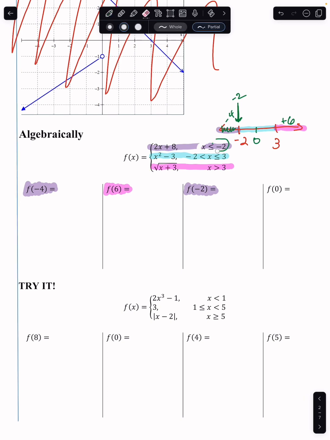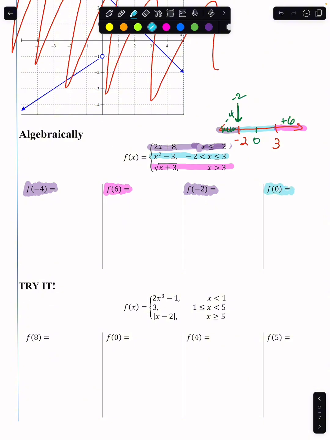And let me go ahead and do my purple back. Perfect. And then 0 falls in between -2 and 3. So 0 falls in between my two red numbers, and so that means we're going to do blue. That's where 0 fell.